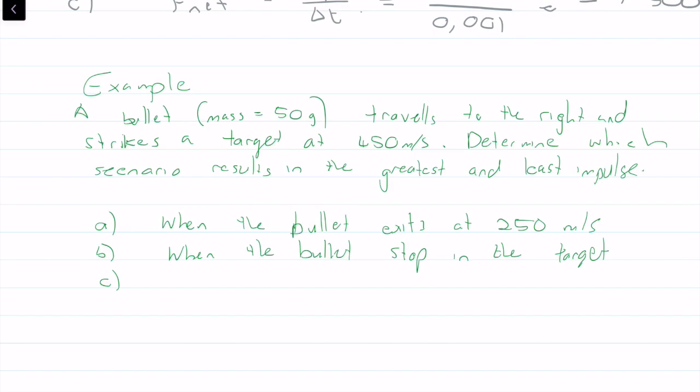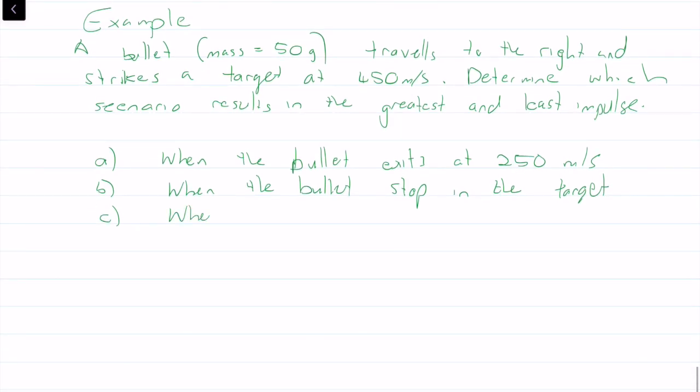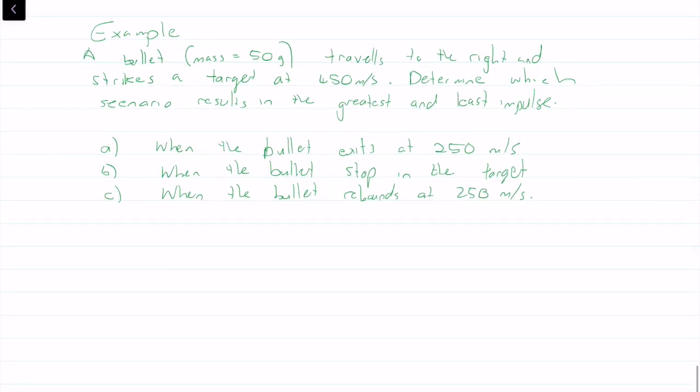And C is going to be when the bullet rebounds at 250 meters per second. So we have three scenarios, and we want to work out the impulse for each of these.